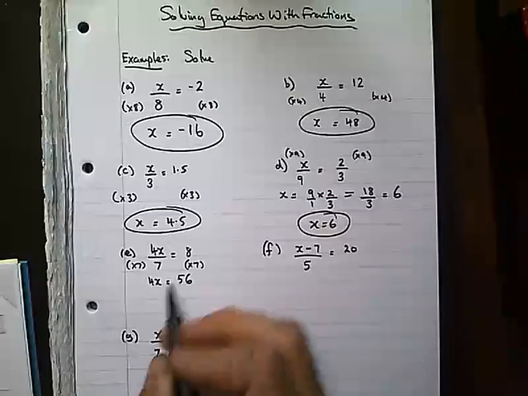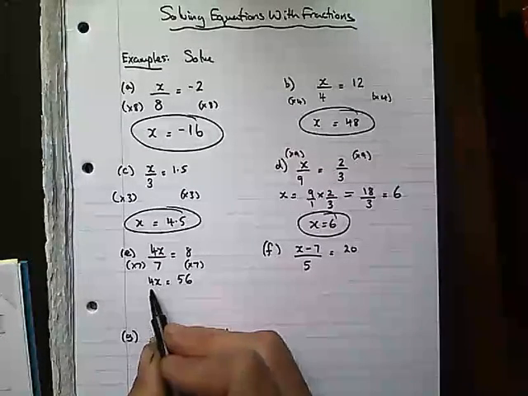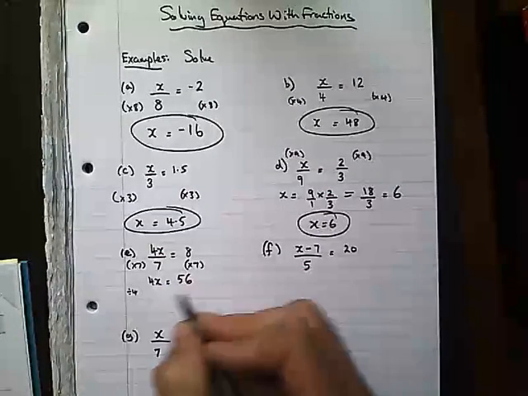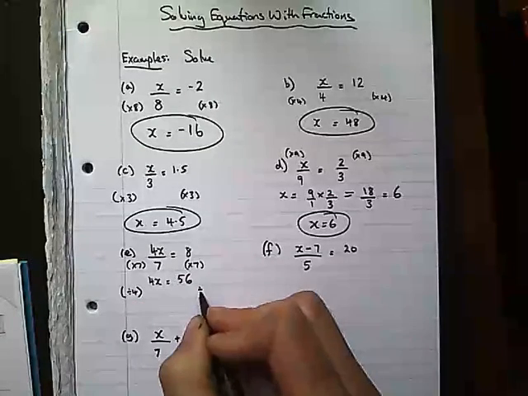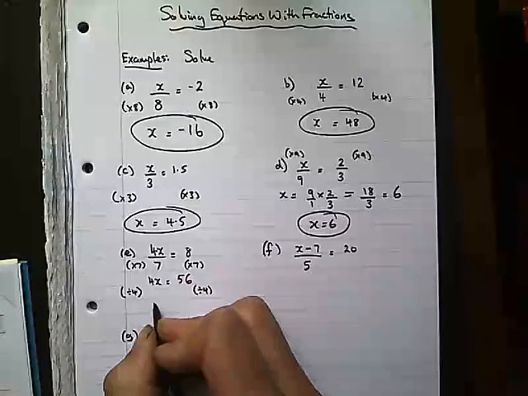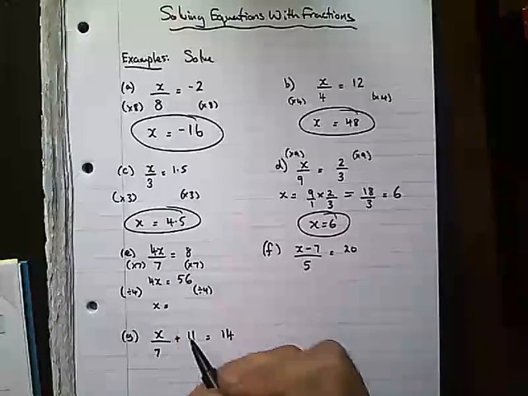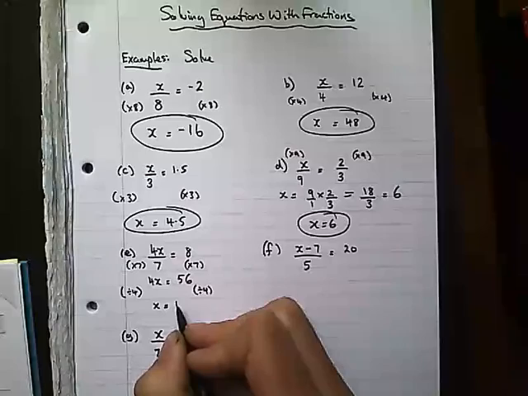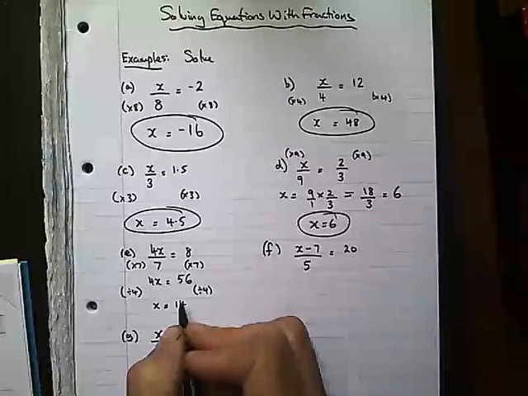Now I only want 1x, I don't want these 4x, so I'm going to have to divide by 4 on both sides. Remember, I'm undoing a times, so I must divide. So I'm left with x equals 56 divided by 4 is 14. And that is your answer.